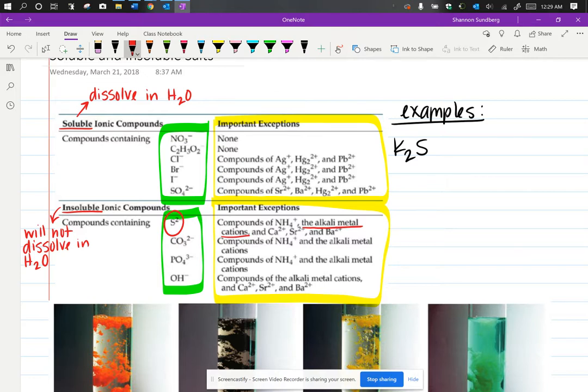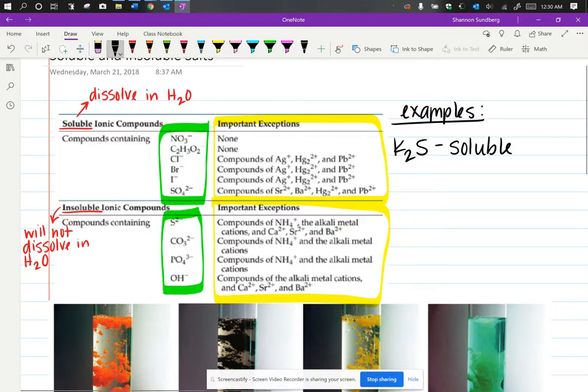Well, that's exactly what potassium happens to be. So this substance no longer is insoluble. When you have an exception, it changes from being insoluble to soluble. Why? Because potassium is the exception to that rule.